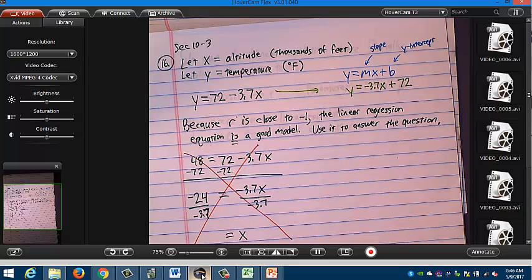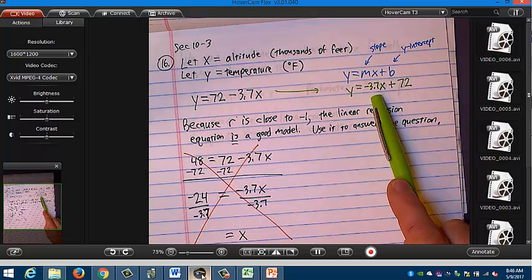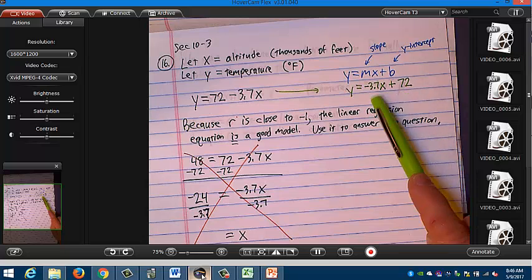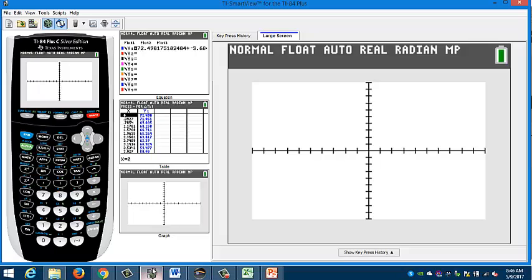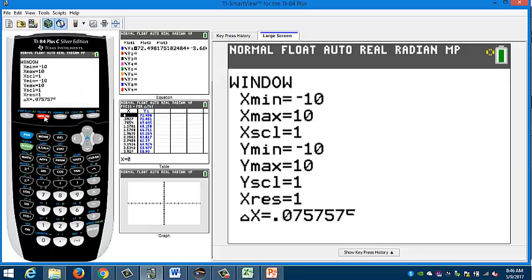So what's the y-intercept? The slope is negative 3.7. The y-intercept is 0,72. The reason you didn't see the line is because when you just graph with the normal window, it only shows you from negative 10 to positive 10. And so I'm going to hit this window button up here. And I'm going to change my window.